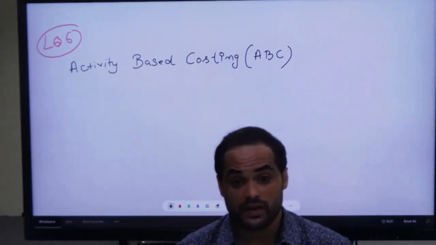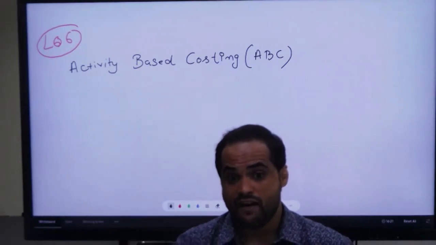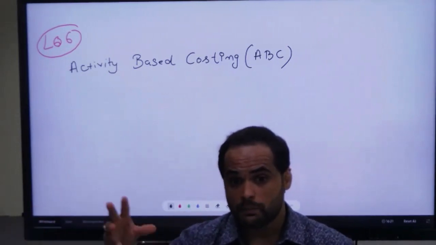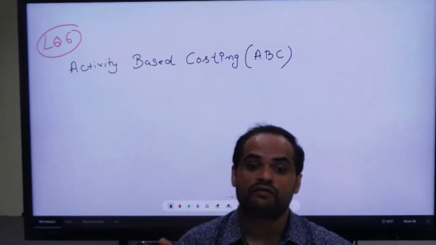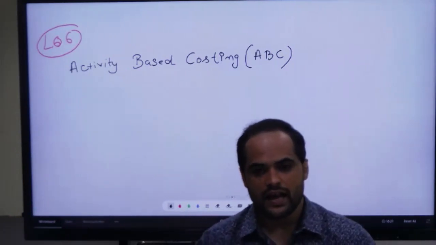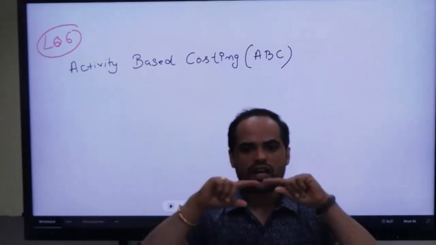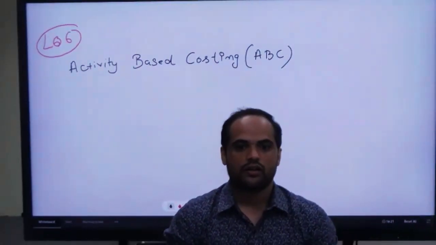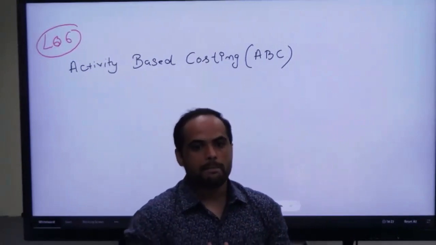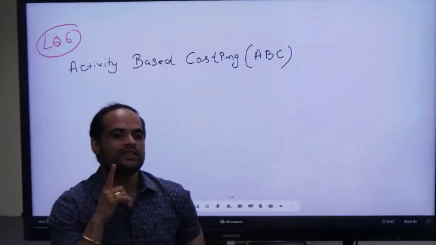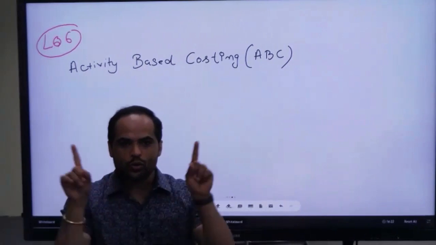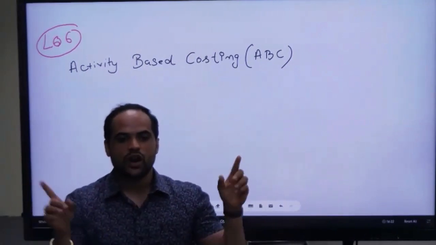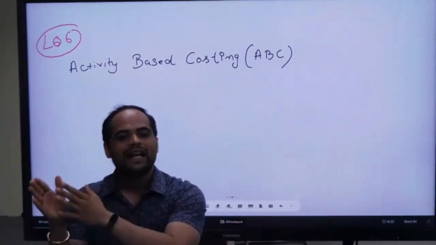Another example could be number of shipments. How many times we have to ship. So number of shipments is also an example of activity. So the idea is that in activity-based costing, we cover all kinds of action which is involved. But in traditional costing, we cover only 2 kinds of actions, which are machine hours or labor hours.